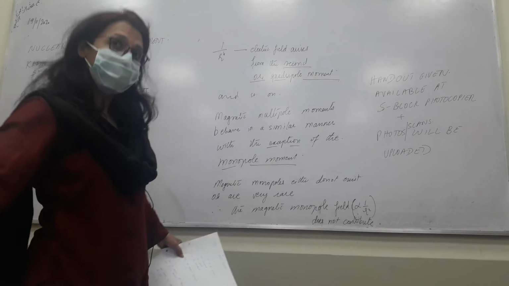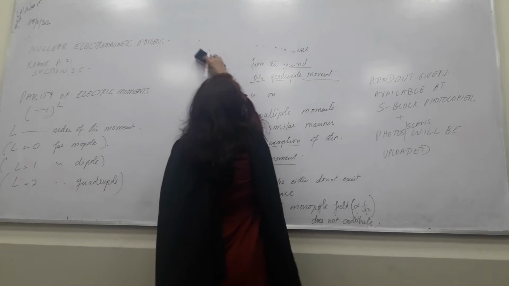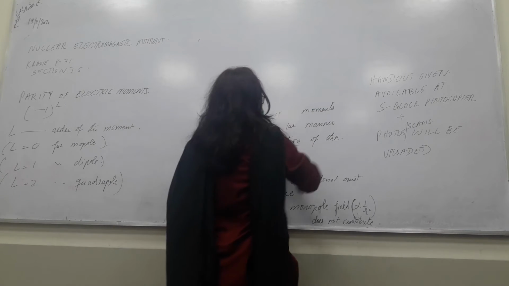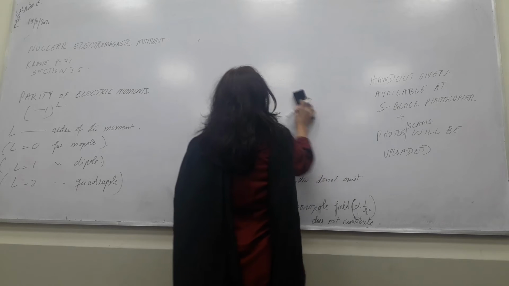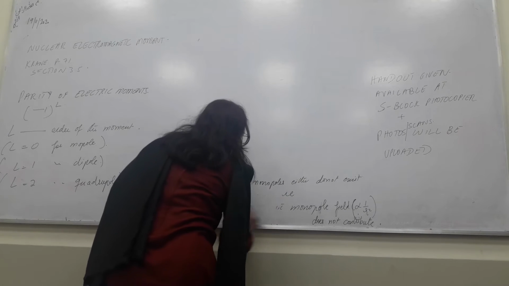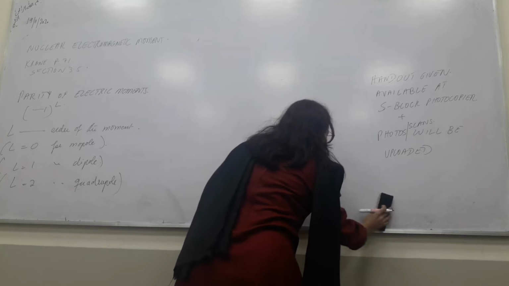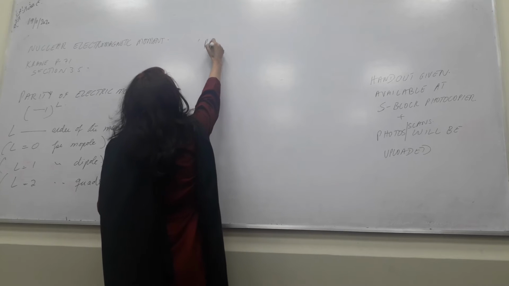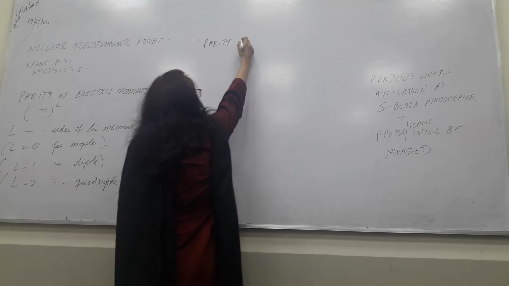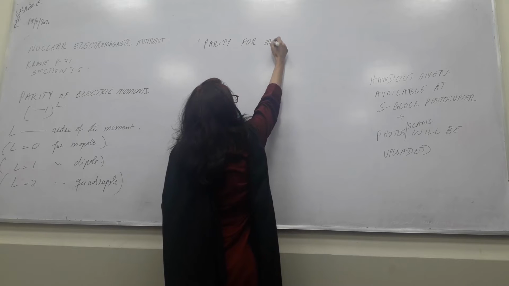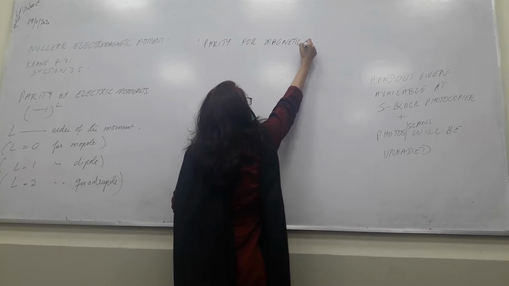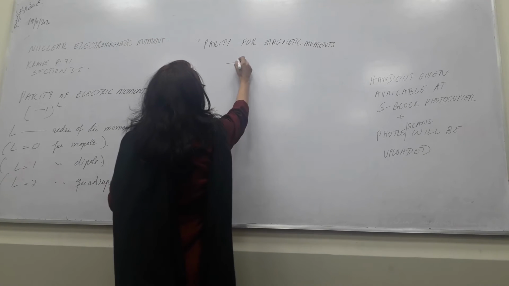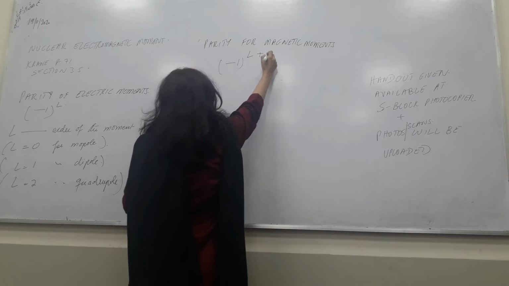Now, this is for electric moments. Okay. Now, for magnetic moments, parity for magnetic moments is minus 1 raised to L plus 1.